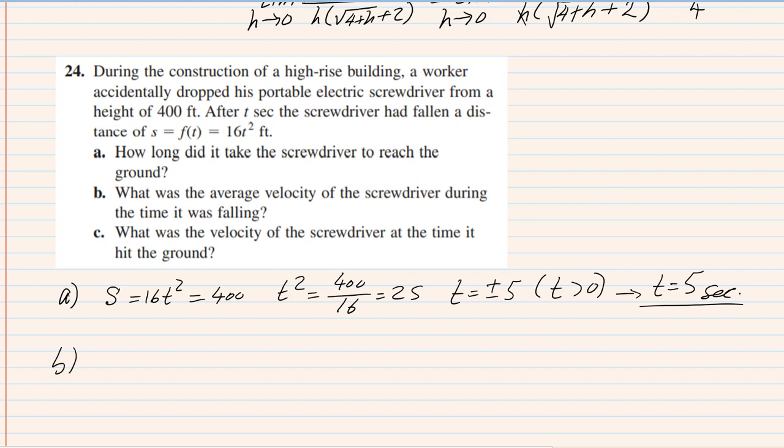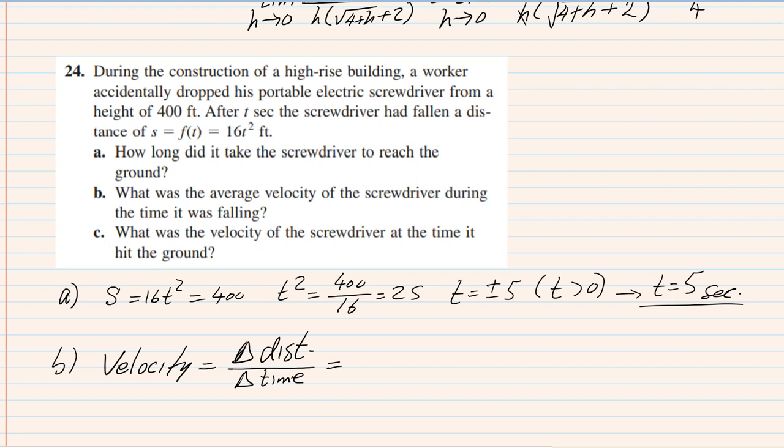Now, in part B, what was the average velocity of the screwdriver during the time it was falling? Remember, velocity is displacement per unit of time, right? So let me write that. Velocity is the change in distance over change in time. True?